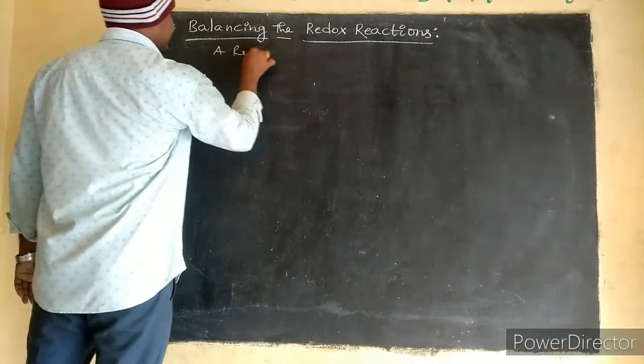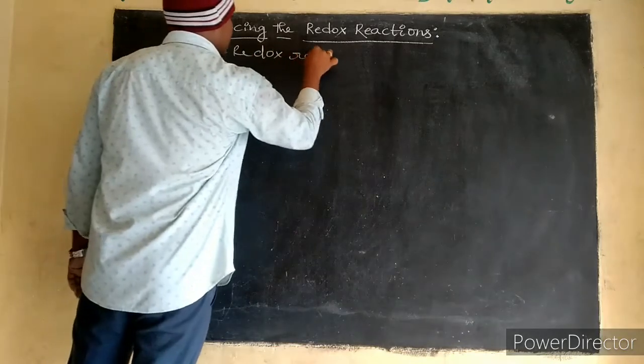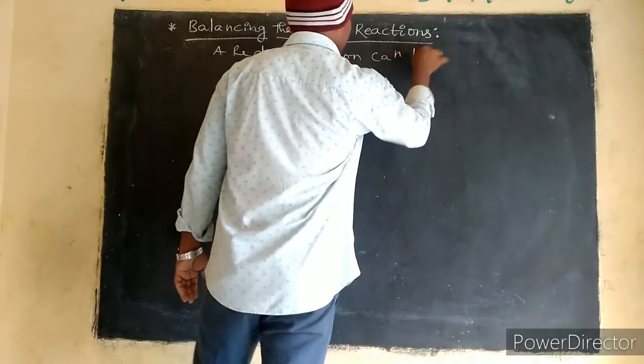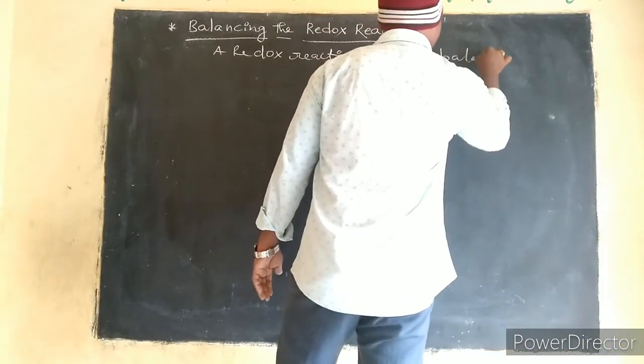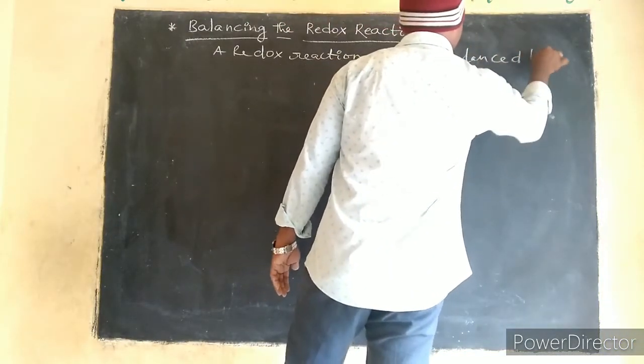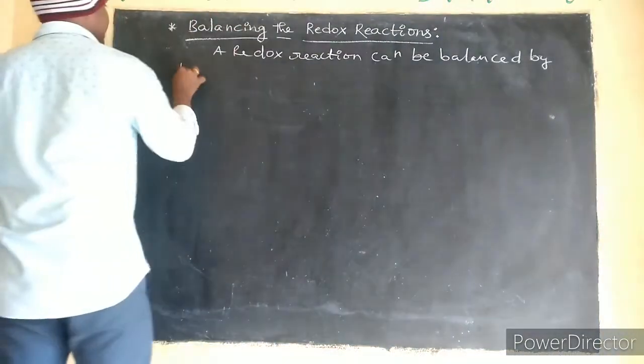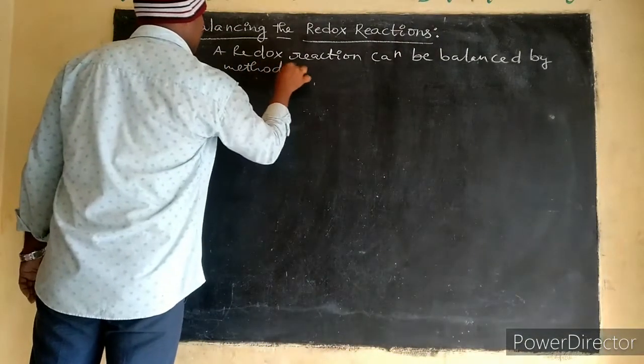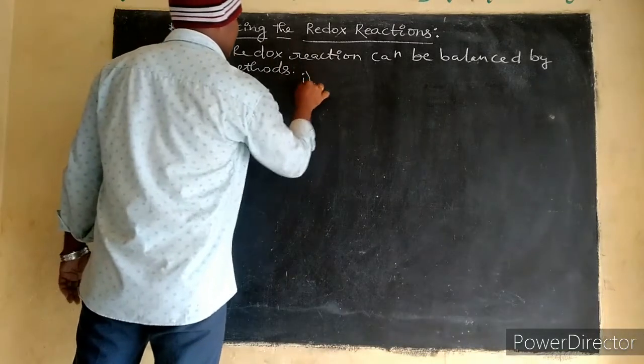A redox reaction can be balanced by two methods. What are those?